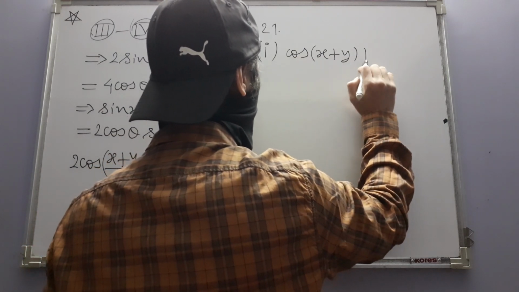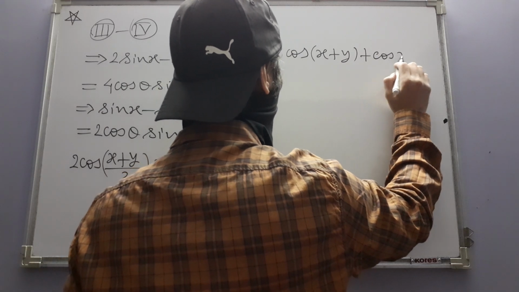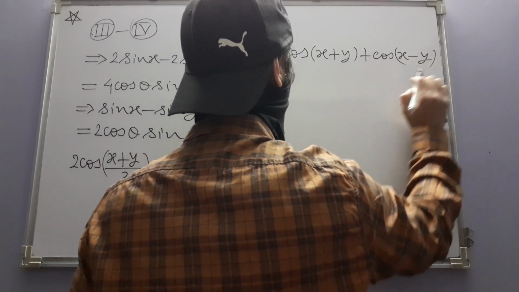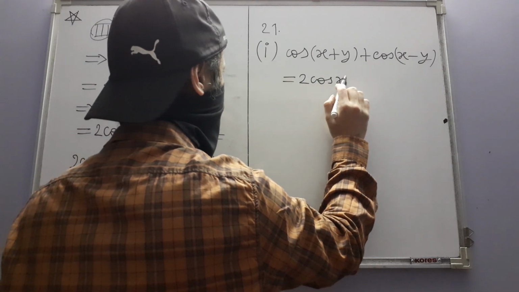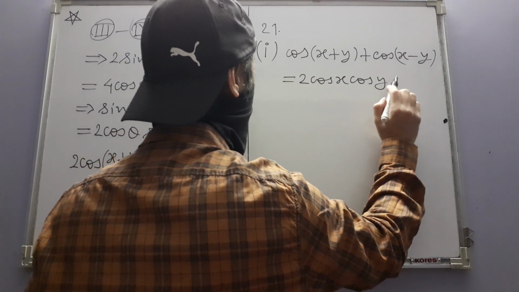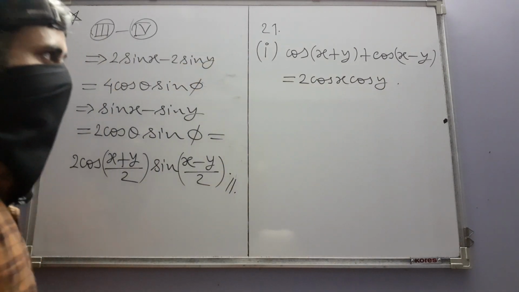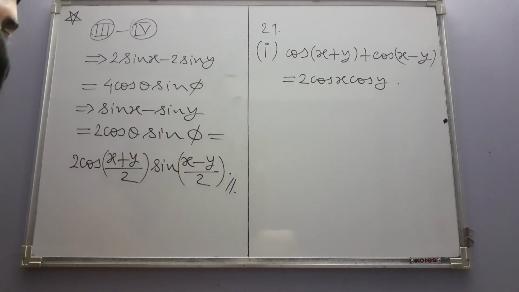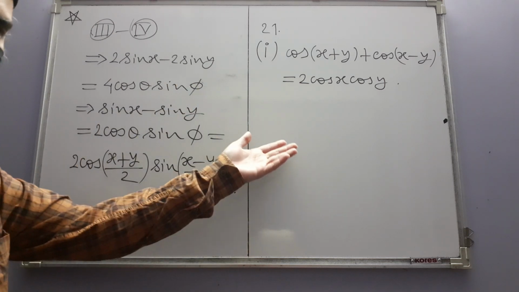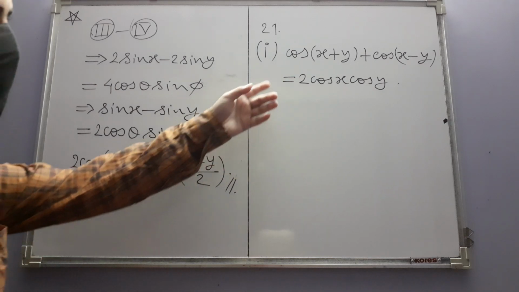Cos of x plus y plus cos of x minus y is 2 cos x cos y. I am not going to make any further comment on how this is true. Of course, you can already see why this is true.